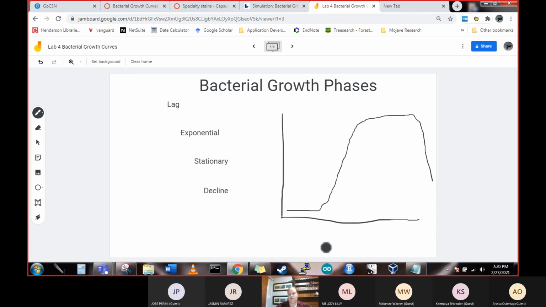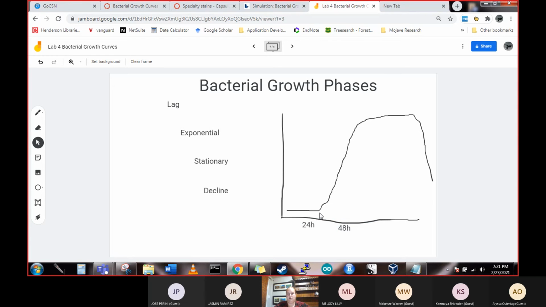So this is what a bacterial growth curve looks like in an actual experimental setting. So this could be at 24 hours, this could be at 48 hours.